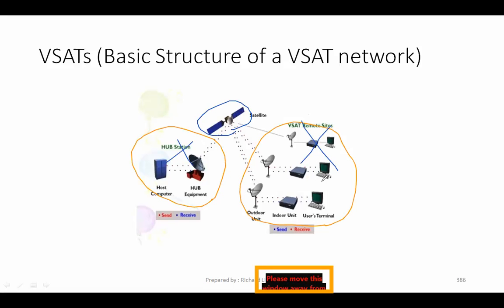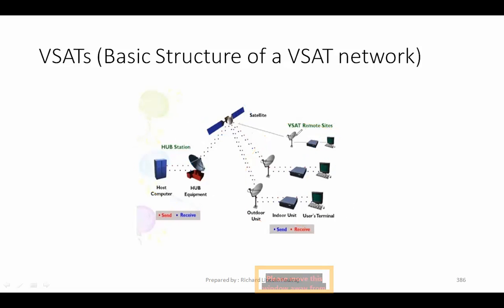So even if I want communication from one VSAT to another, that is not possible. Say, for example, the first VSAT wants to communicate with the third one. It seems easy, but it happens only with the help of the satellite.